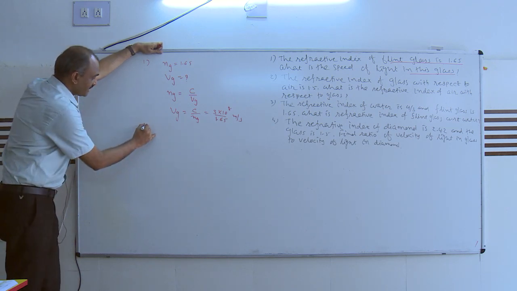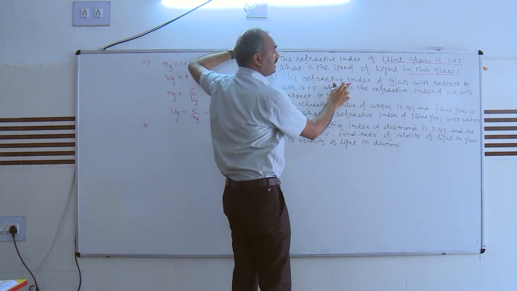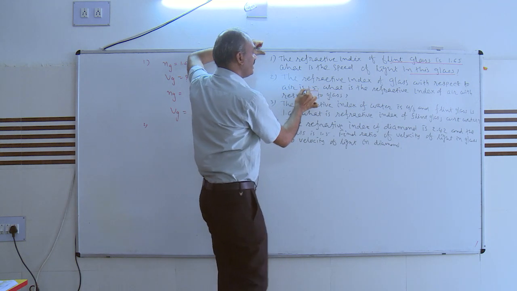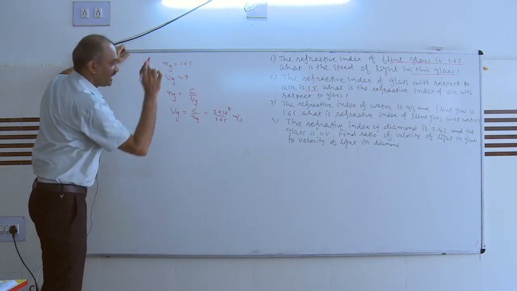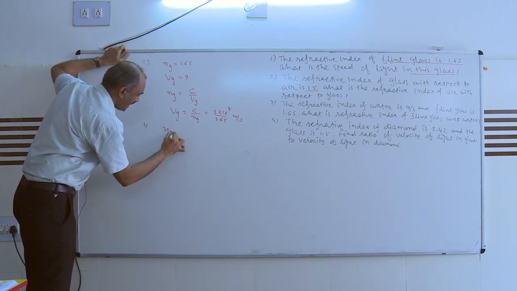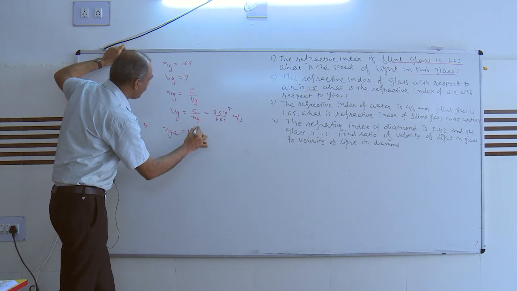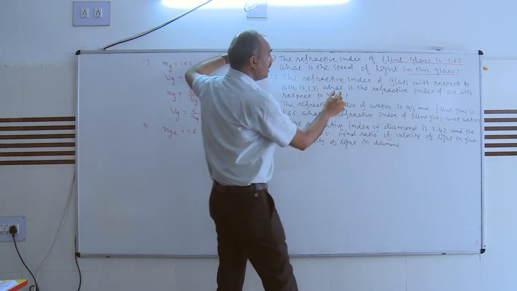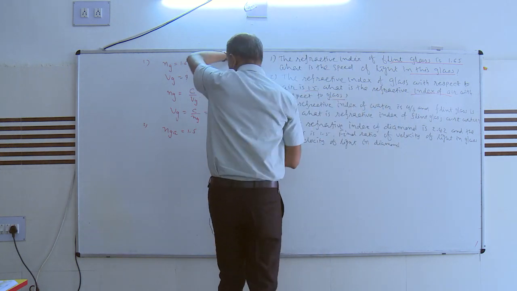Now the second problem. Here the refractive index of glass with respect to air is given as 1.5. What is the refractive index of air with respect to glass?